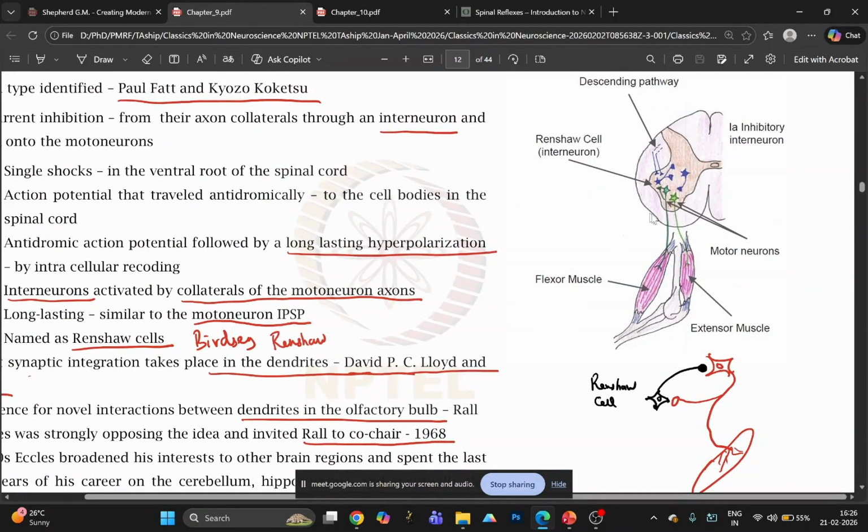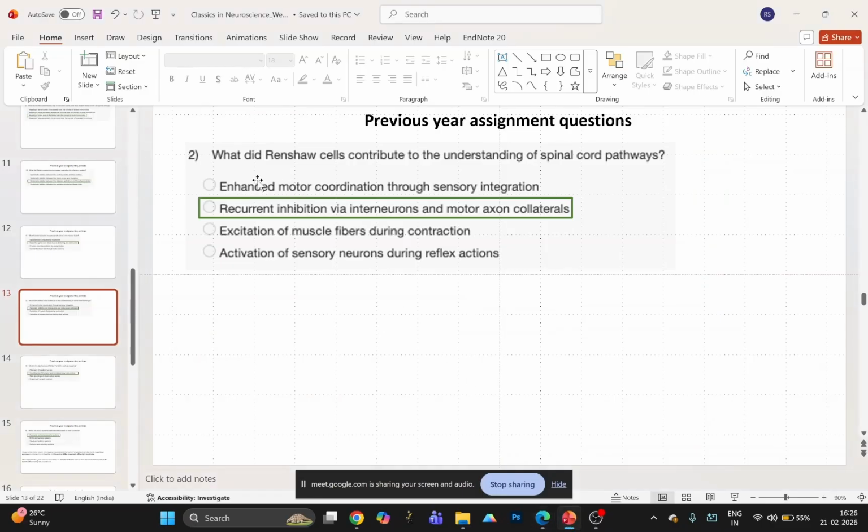Yeah, so we saw about the Renshaw interneurons, right? What did we see? This is something that was done by Jack Eccles, remember?